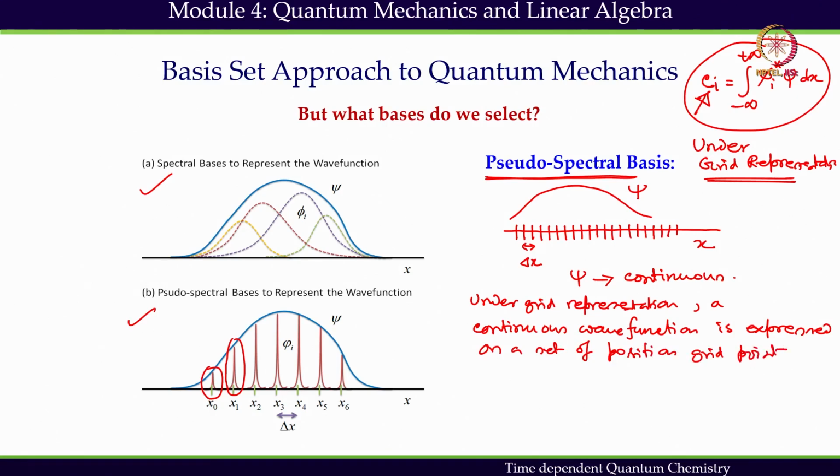So, instead of this continuous wave function, represented by this dotted line, I will have certain values of the wave function on these grids. And that is the way I am going to represent the total wave function.